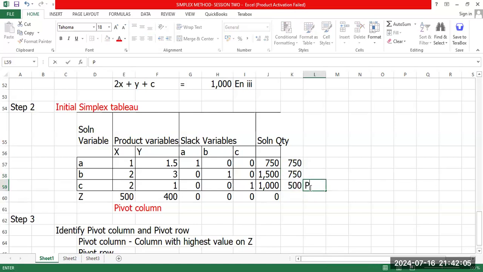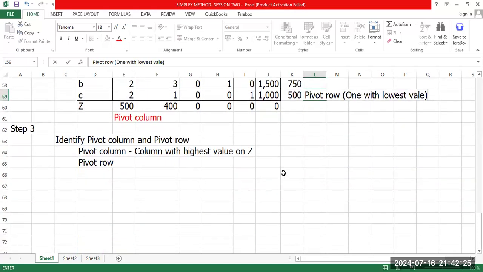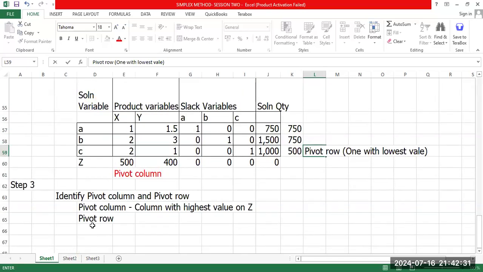So this is your pivot row, the one with the lowest value. We have identified the pivot column and the pivot row.